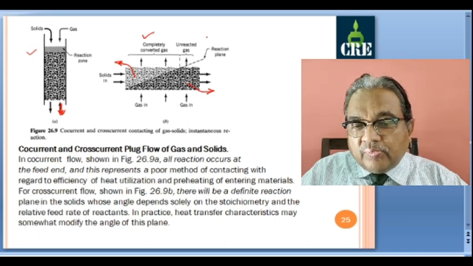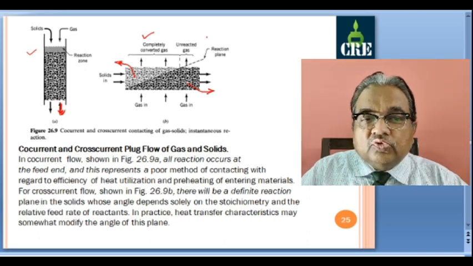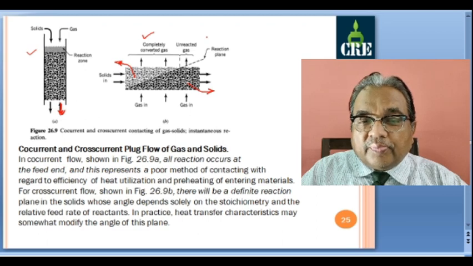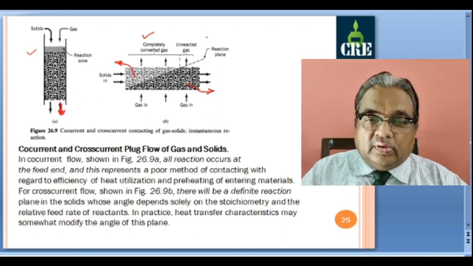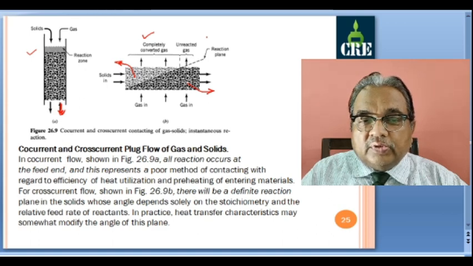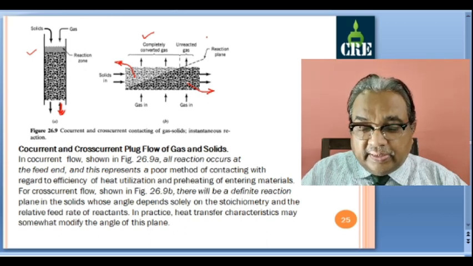Amount of gas you can manipulate, and reaction zone will be either at the bottom or at the top, and you can adjust it just by withdrawing some small amount of gas which is fed from the bottom. So you can adjust your reaction zone at the center, and that is desirable.